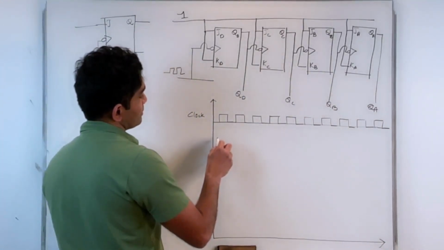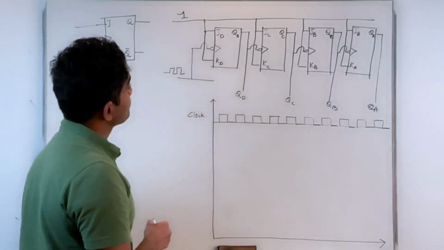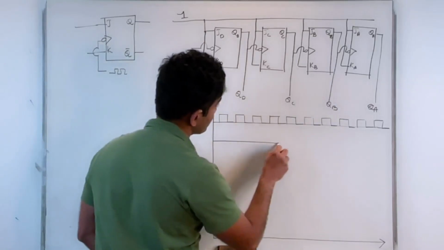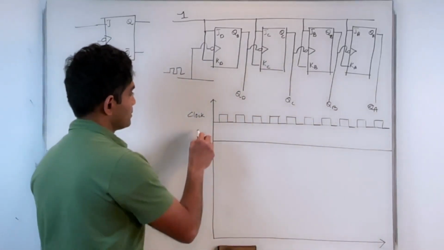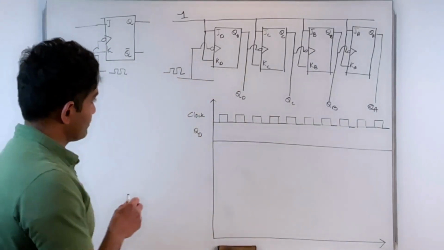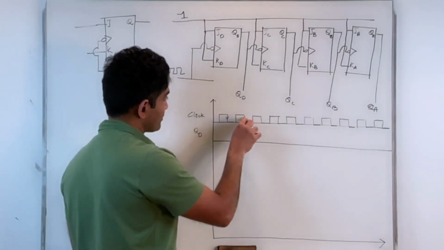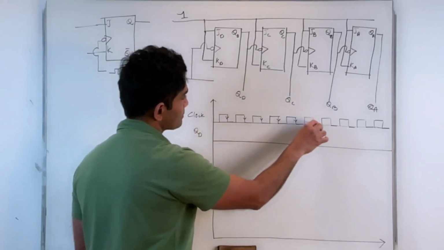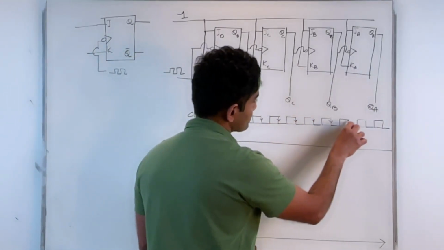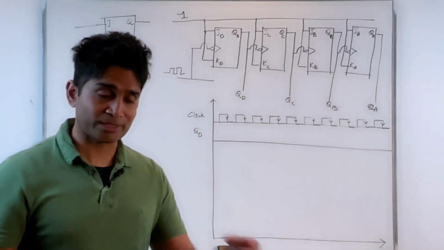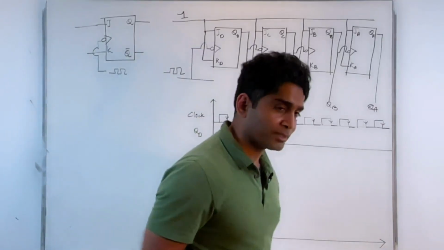And let me plot QD first with respect to the master clock. So that's going to be my QD. Okay. Now I will identify my edges. So these are my edges. These are the active edges, the edges where the output of my flip-flop gets triggered.